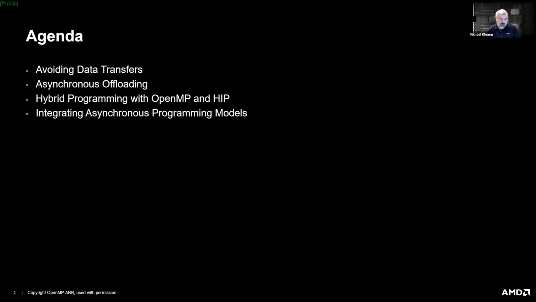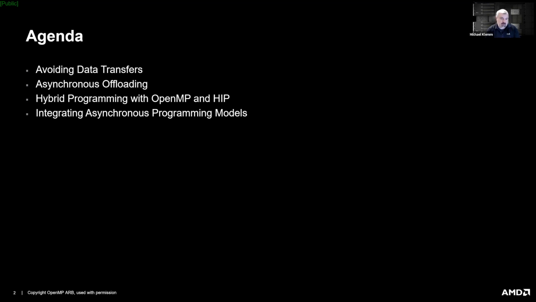Then I want to show you how you can use hybrid programming with both OpenMP and HIP in both ways, actually. So coming from the OpenMP world, invoking HIP as an optimization target, or the other way around, starting from HIP code and then going into the OpenMP world to gradually roll back HIP and replace it with OpenMP again, so that you have a nice highly productive programming model again.